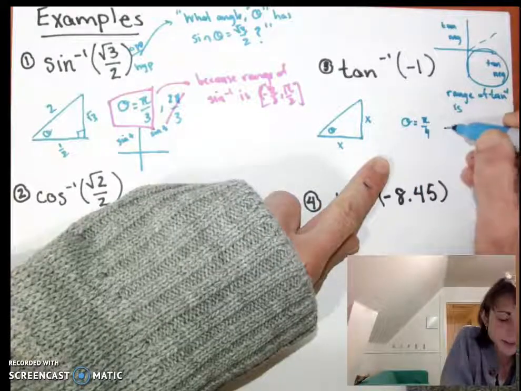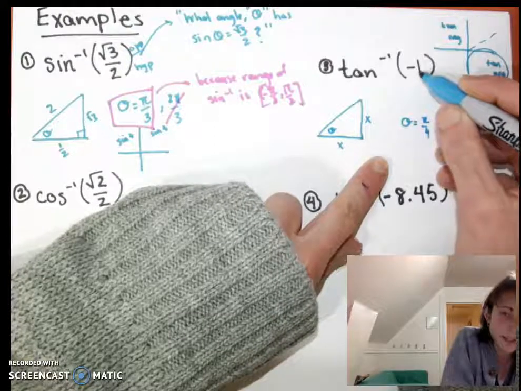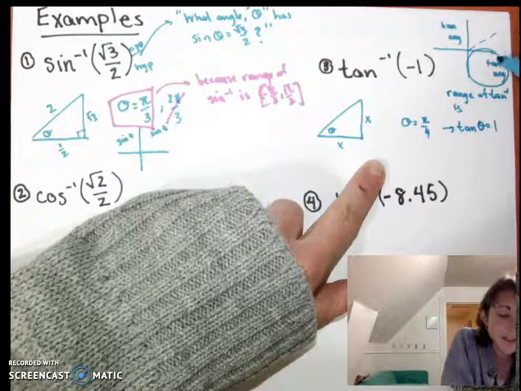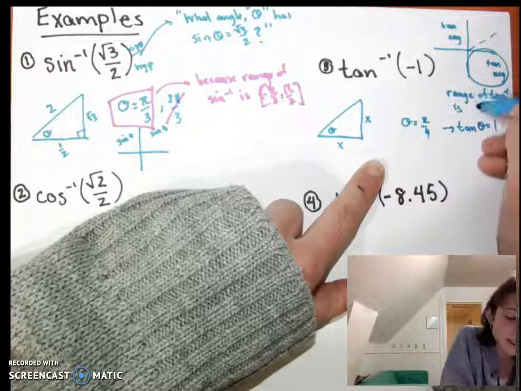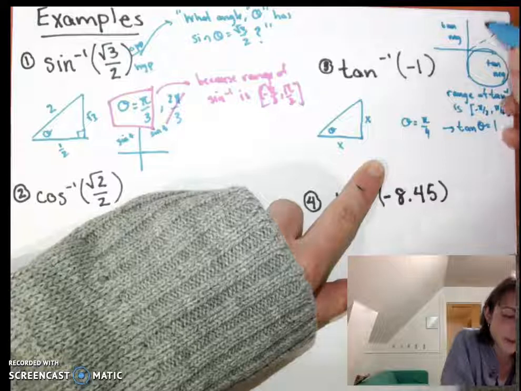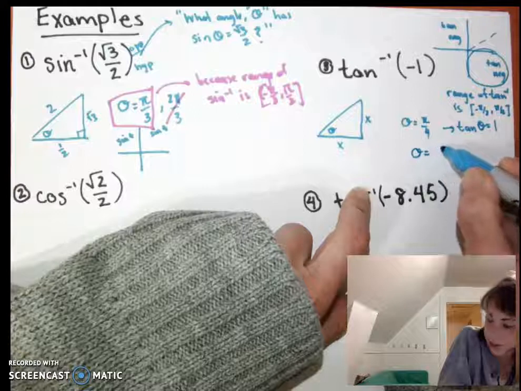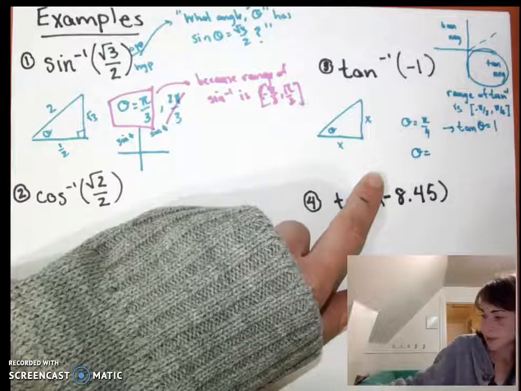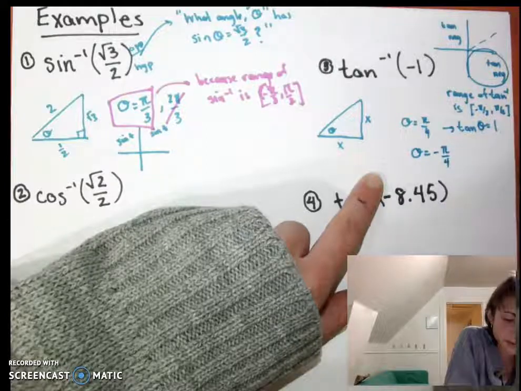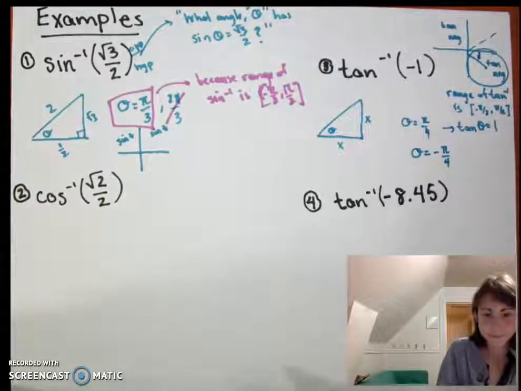If theta is pi over 4, then tangent of theta is 1, but we want tangent of theta to be negative 1, so we shift into one of the quadrants where it's negative. We shift into the fourth quadrant because the range of tangent inverse is negative pi over 2 to pi over 2. So all our possible answers are in quadrants 1 and 4, which means theta should be negative pi over 4, because we moved in this direction.